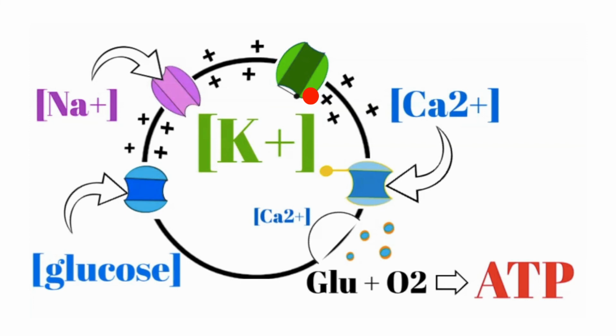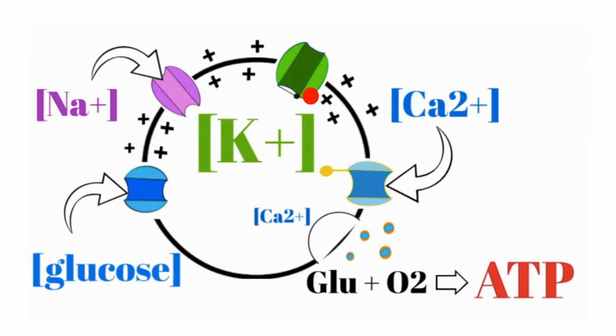But just to go over these steps again: during elevated glucose, glucose moves into the cell and ends up producing ATP. That ATP is going to bind to the potassium ATPase channel, closing the channel, inhibiting the movement of potassium out of the cell, so it's retaining potassium.